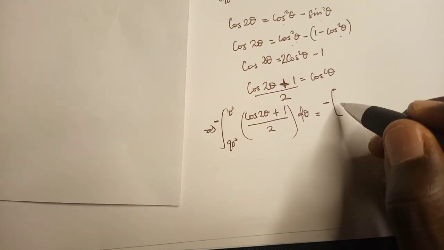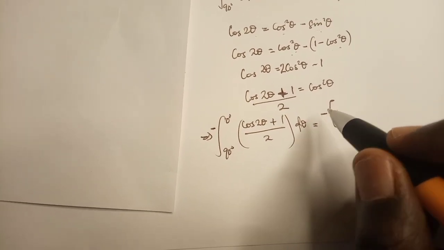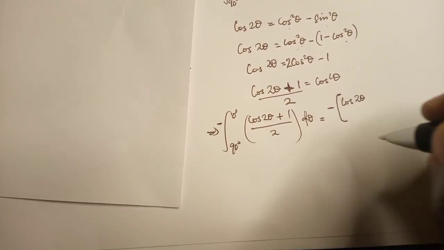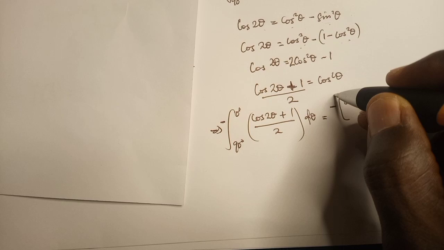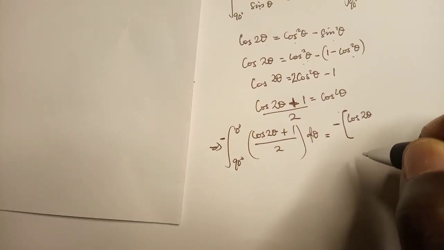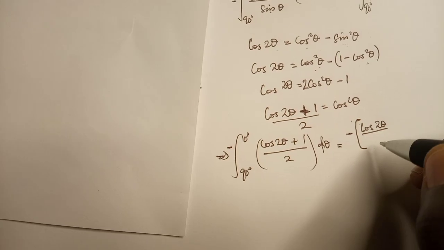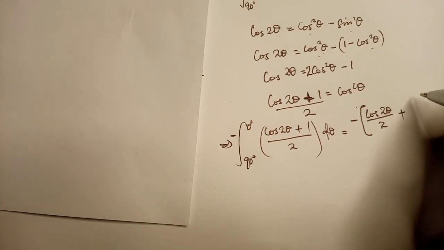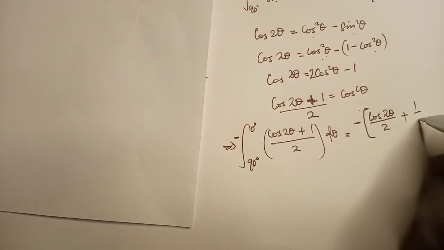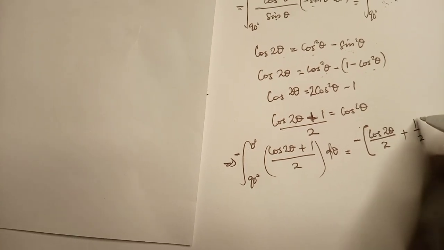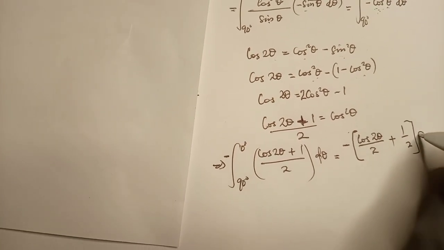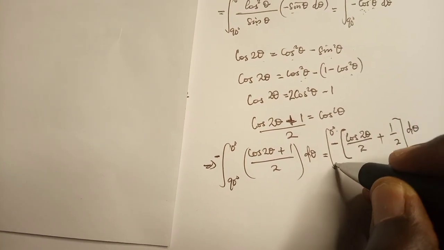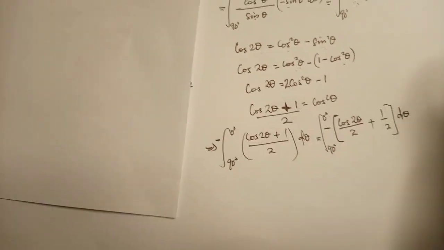So we do this, we have cos 2 theta all on 2, then plus, same thing, half here, so we can separate it here. Then d theta. Here too we bring the limits, so we can integrate separately.